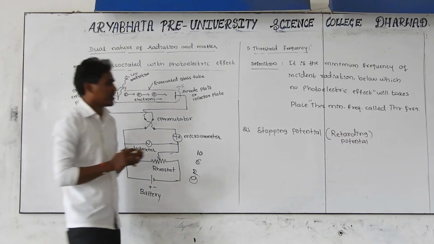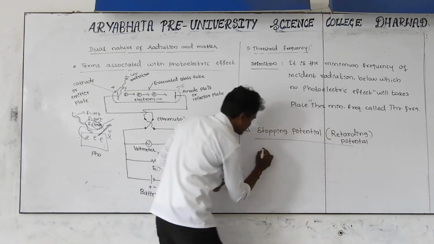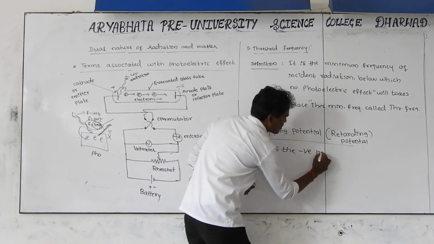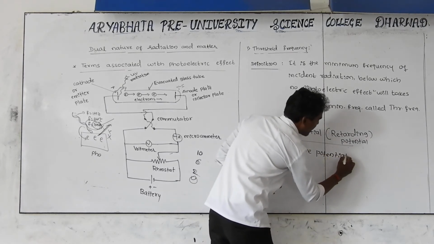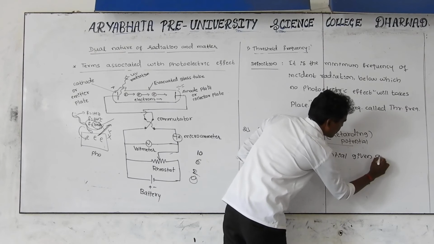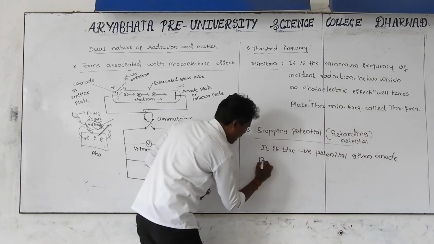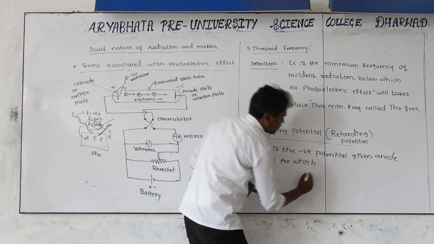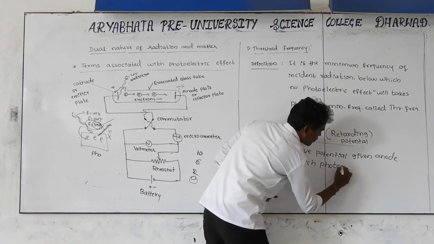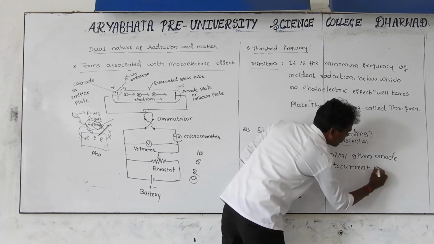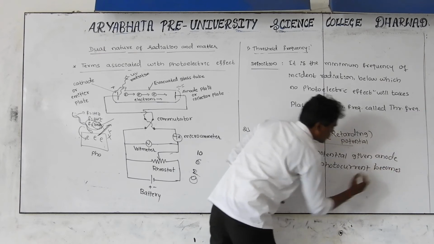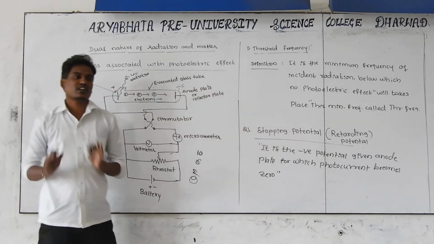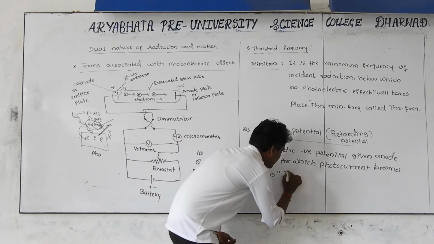For what potential the current becomes zero, that negative potential applied to the anode plate is called the stopping potential. Then what is the definition? It is the negative potential applied or given to the anode plate for which the photocurrent becomes zero, or the ejection of electrons from the surface of the cathode completely stops.